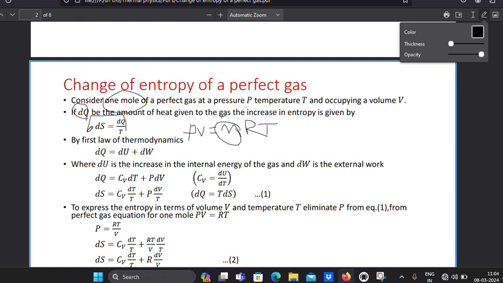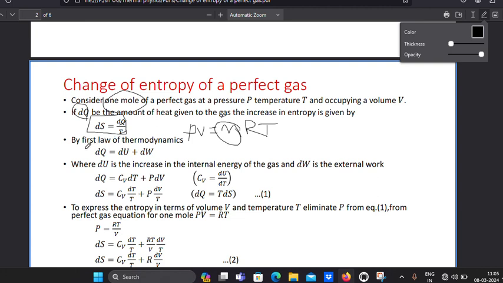This is the second law of thermodynamics formula, which relates entropy, heat, and temperature.